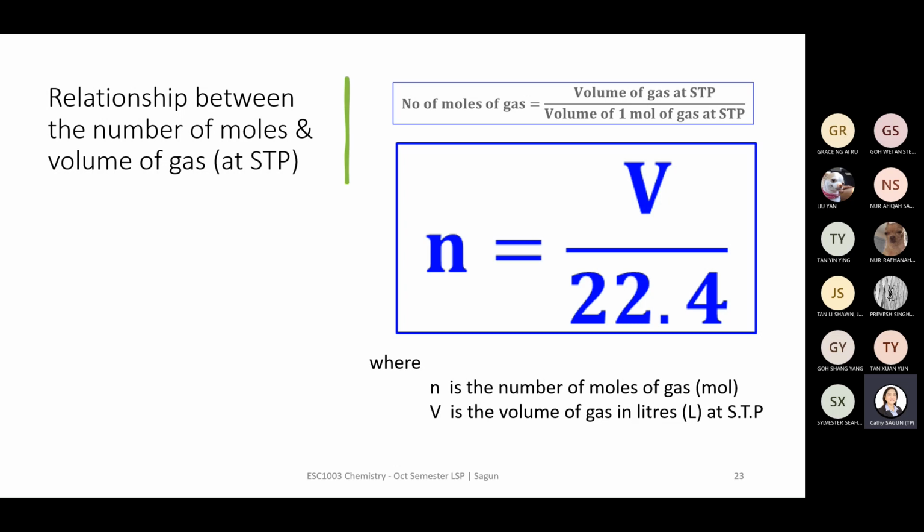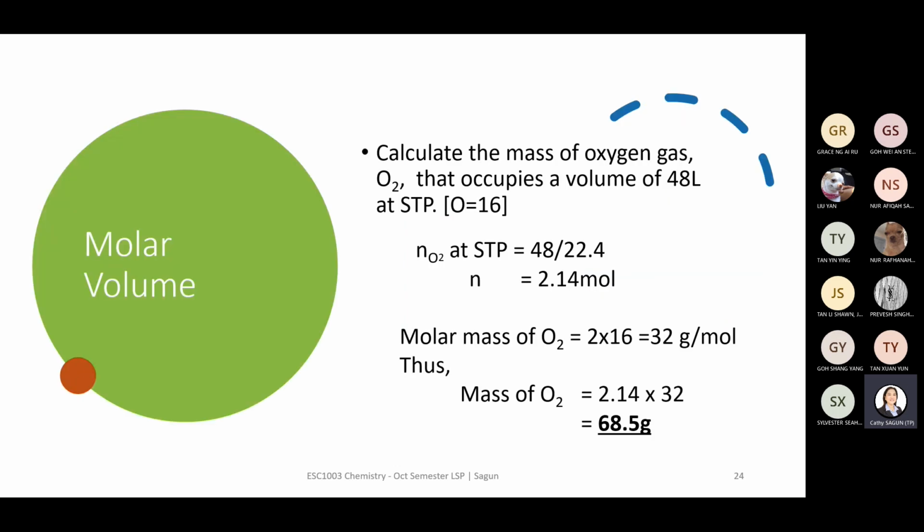That's the number of moles. Number of moles will be 2. I like this one because you have the constant there, so I just directly divide and I get the answer already.